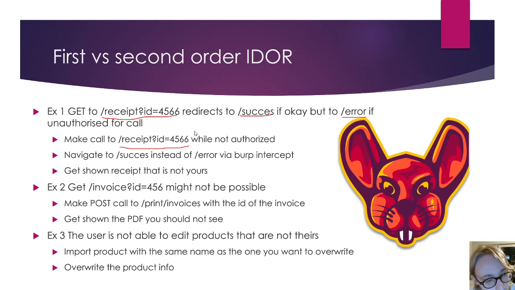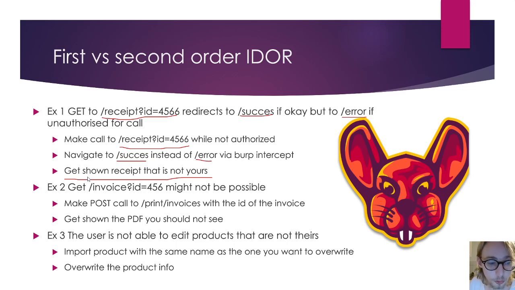And if you make a request to the 4566 receipt, well, that's not yours, you can also navigate to /success instead of /error when you are inside of the Burp intercept. So that's also a possibility, and then you might get shown a receipt that's not yours.